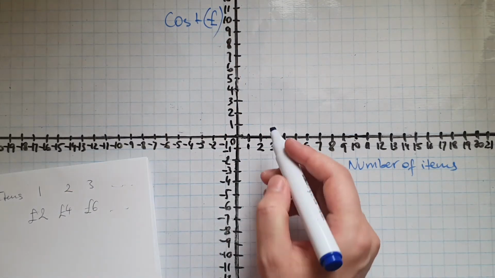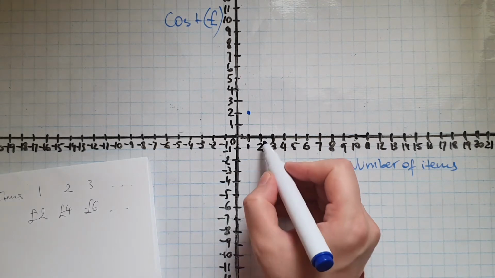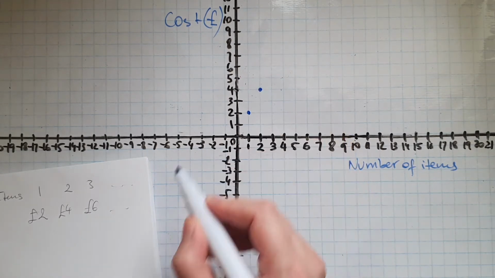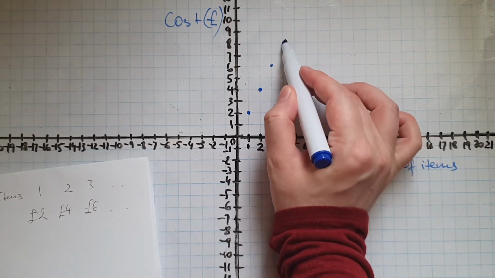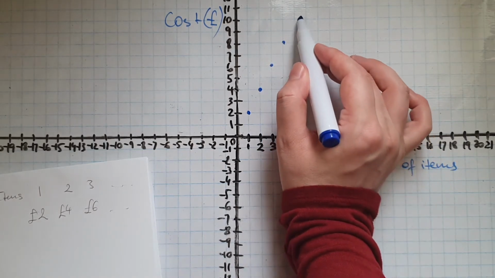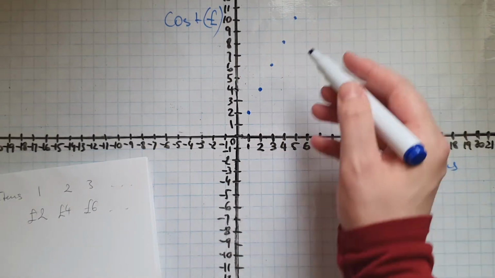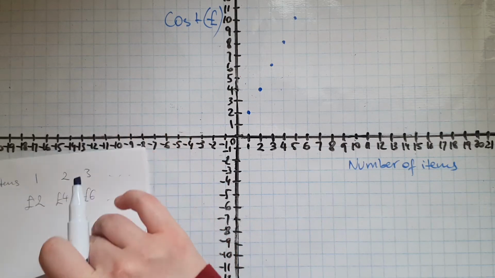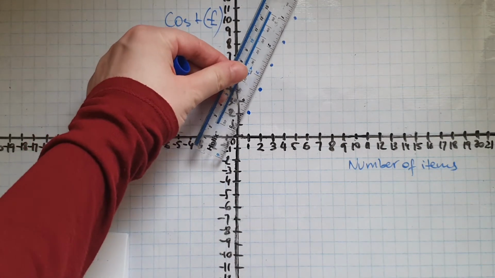So when purchasing one item, you pay £2. When purchasing 2 items, you pay £4. 3, 6, 4, 8, 5, 10, and so on. You can see the pattern. There is a line, a straight line, if you join all of these points together.